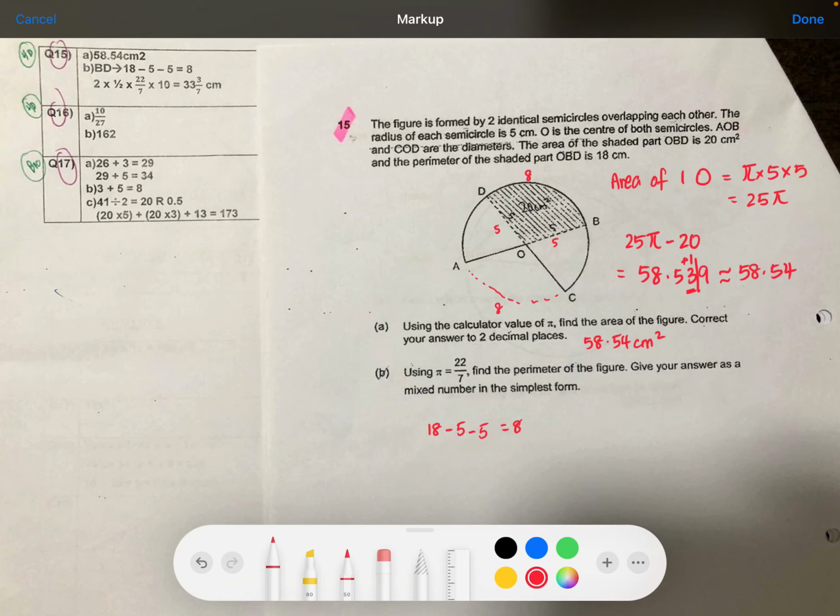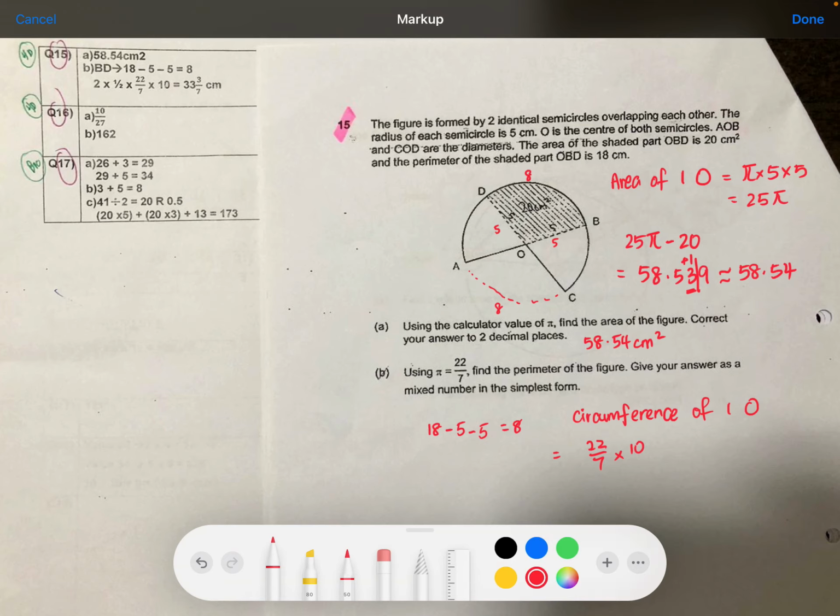Alright, so what you can do is to find the circumference of one circle first. For a circle, I will use 22 over 7. My diameter is no longer 5, my diameter is 10. So I will get, they want it as a mixed number, right?